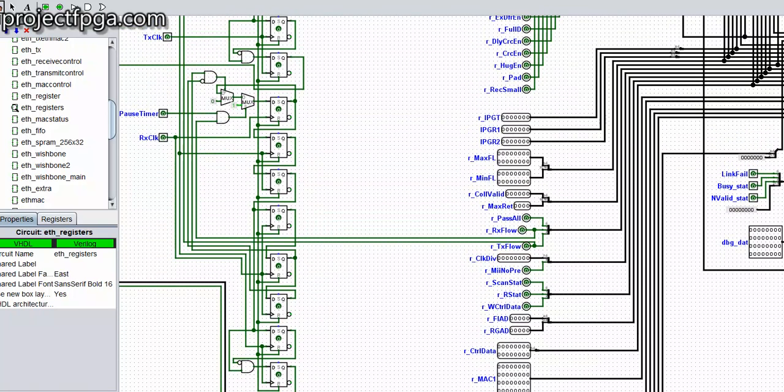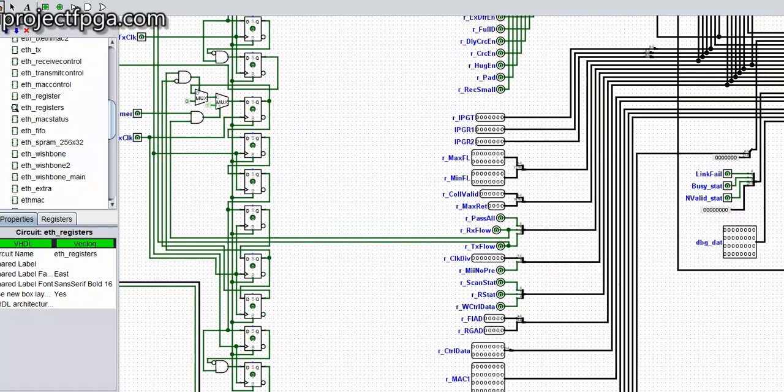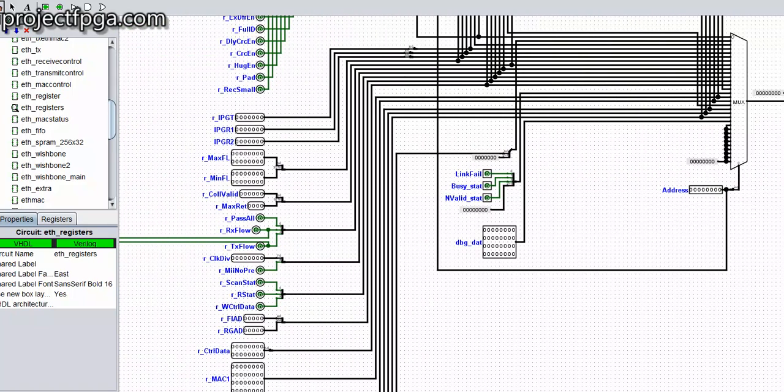So we can actually trace some of them back to see which actual register they are coming from. I see this IPG2, and trace it back to see. Okay, I'm trying to know what's happening here.